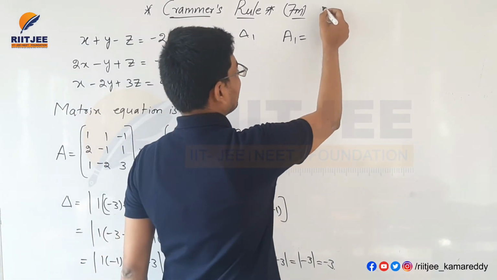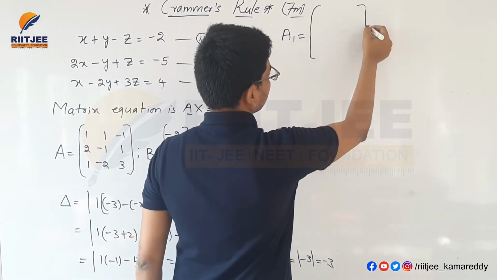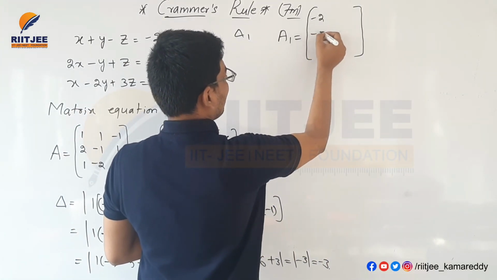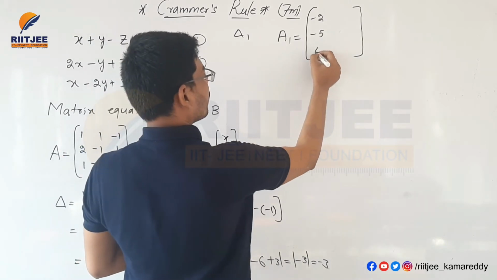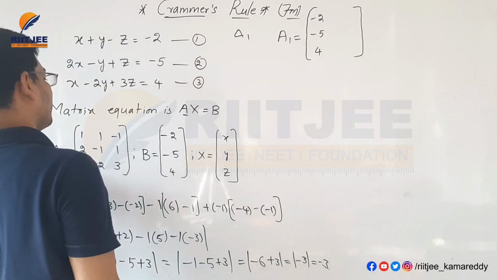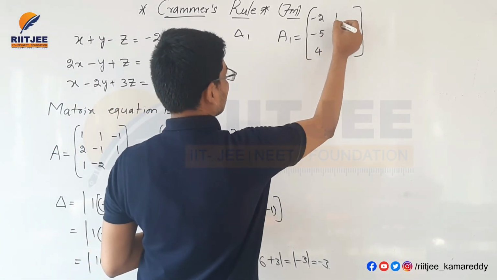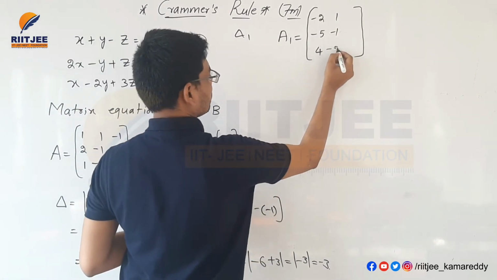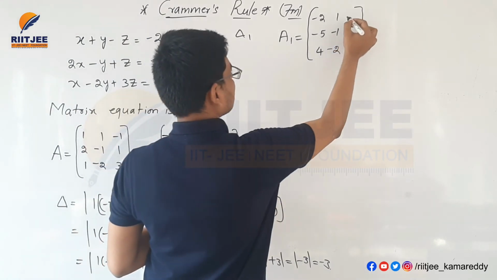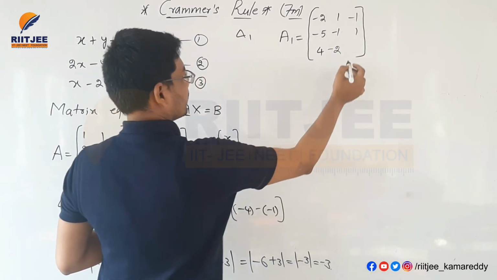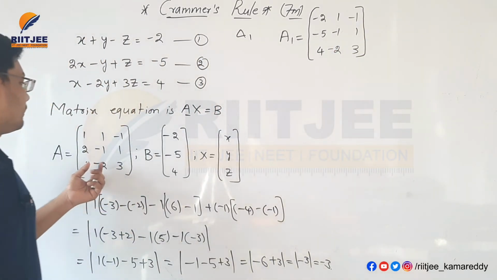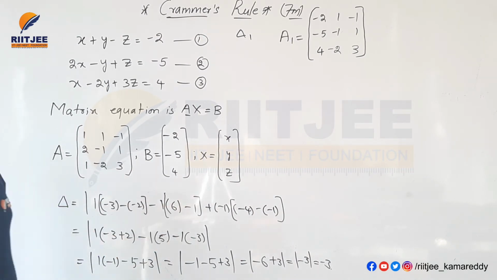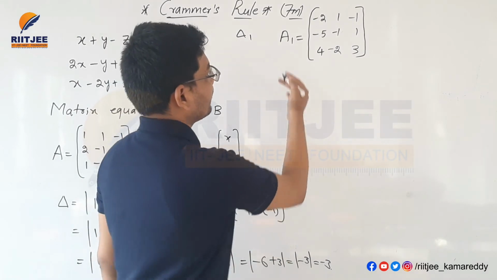C1 of matrix A is 1, 2, 1, that is 1, 2, 1 here. I am replacing this C1 with the constant matrix B here, -2, -5 and 4. So that's why we are going to get A1 here.